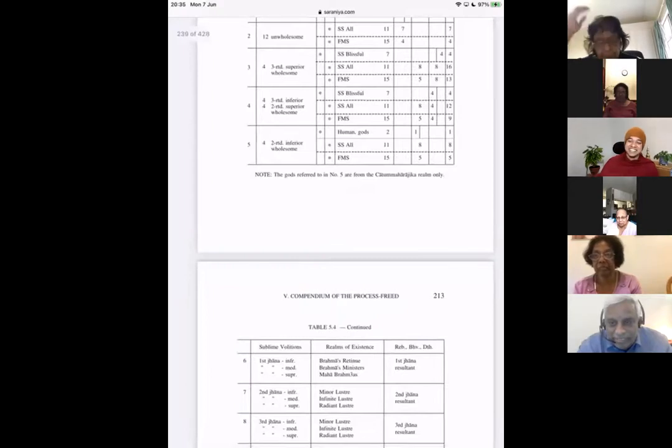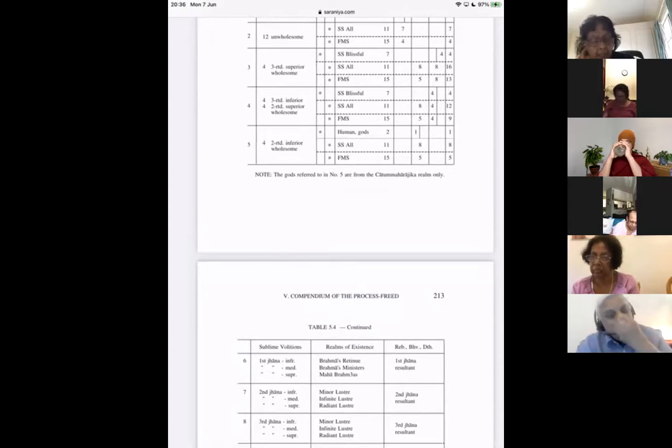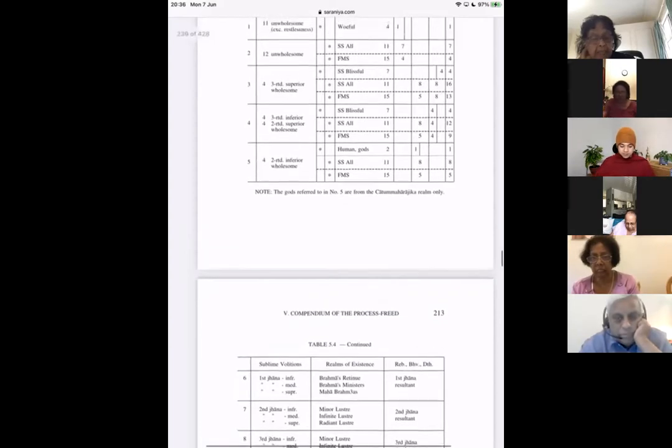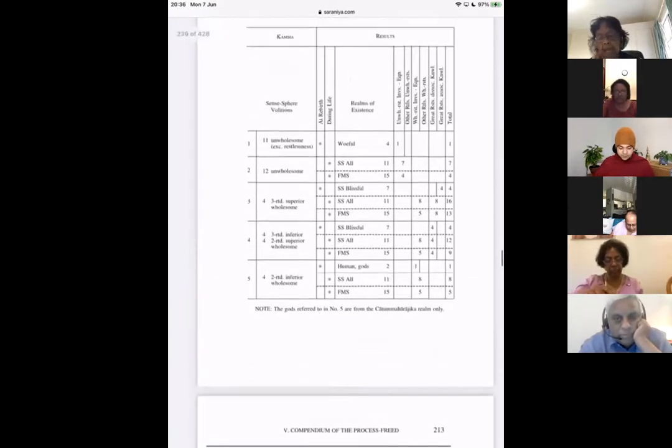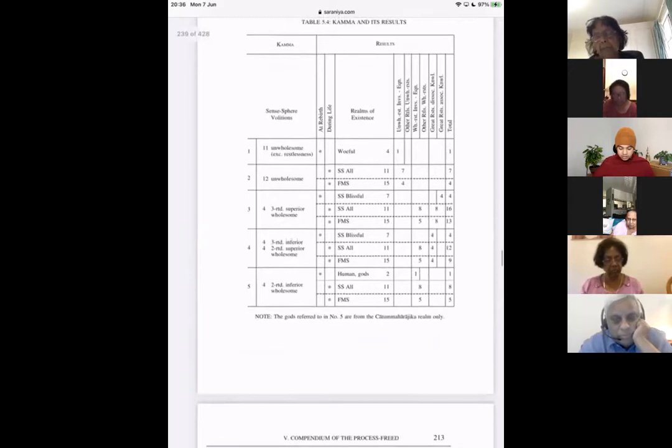Sorry. Can you please explain that 8 in the FMS again, please? Because when you said it, I was so confused, I didn't follow it. How the 8 great resultants work in the fine material sphere. I think you did say it, but because of this chart in the book, I couldn't work out where it was coming from. Okay. 8 great resultants in the fine material sphere.